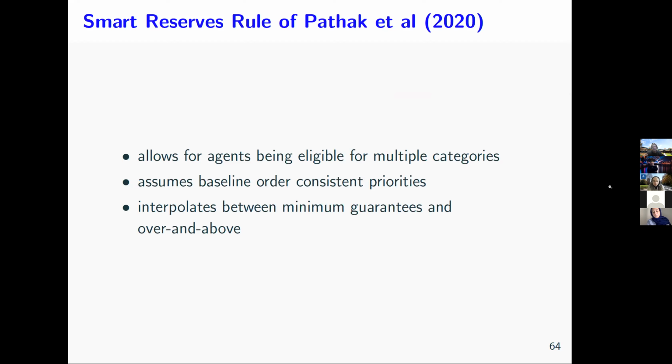What we do now is that we use our reverse rejecting rule as an oracle to come up with a more flexible class of rules, which even generalizes this framework of Pathak et al., which already captures two extreme interpretations, which are minimum guarantees and over and above.